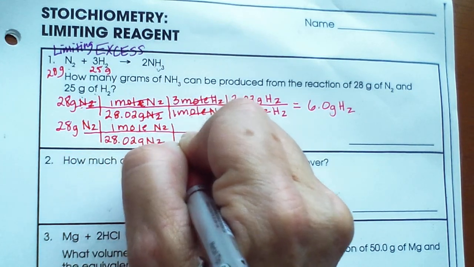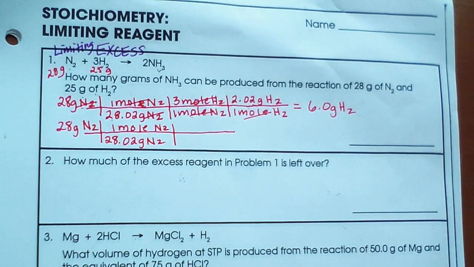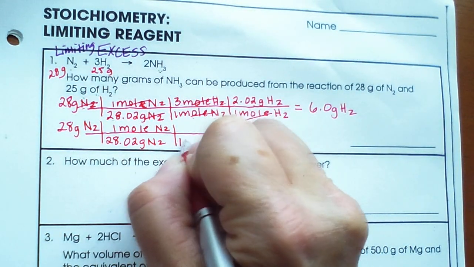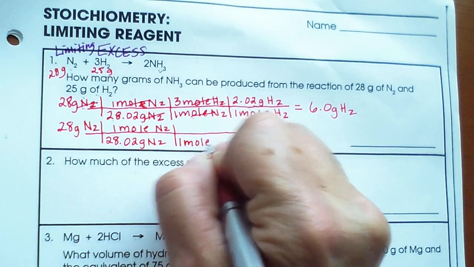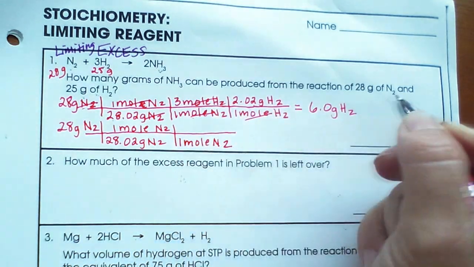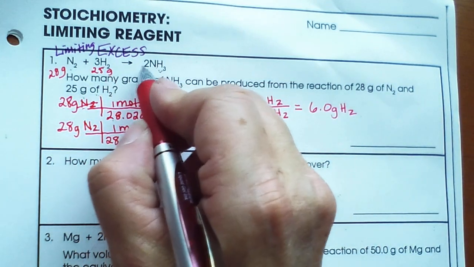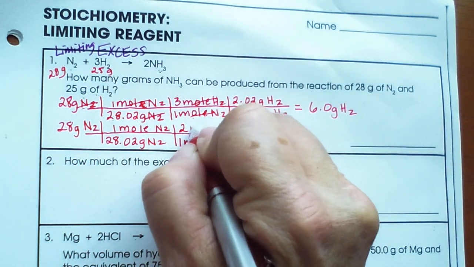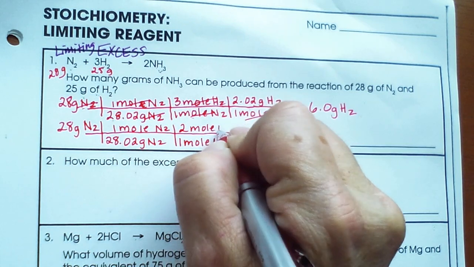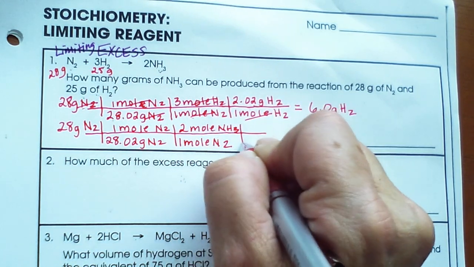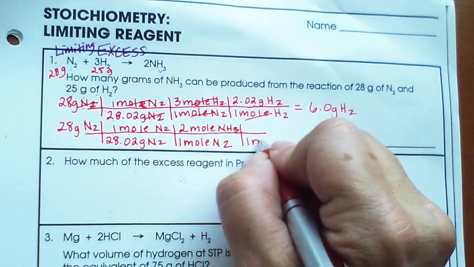I don't worry about the hydrogen at all because I have way more than I need. So I'm not worried about that at all. 1 mole of nitrogen to 2 moles of ammonia. And then 1 mole of ammonia.